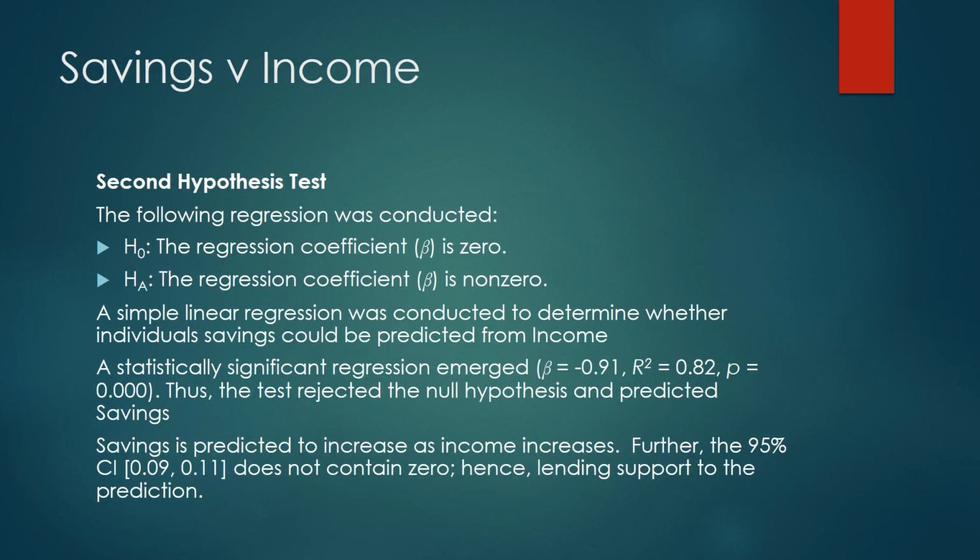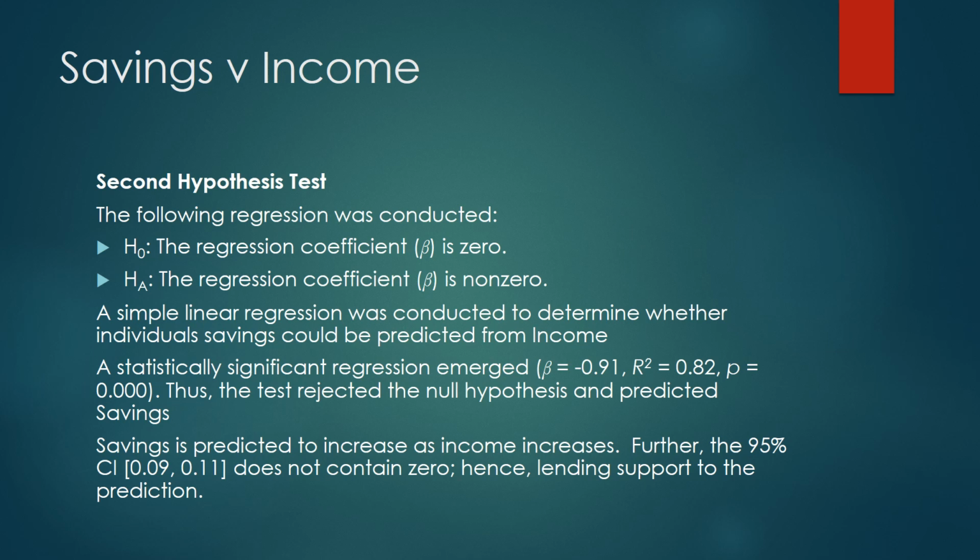For our second hypothesis test, a simple linear regression was conducted to determine whether individuals' savings could be predicted from income. So we have the same null and alternative hypothesis from the previous test. In this case, a statistically significant regression emerged where beta equals negative 0.91, r squared equals 0.82, and our p-value is 0.000, which meets our significance level below 0.05.